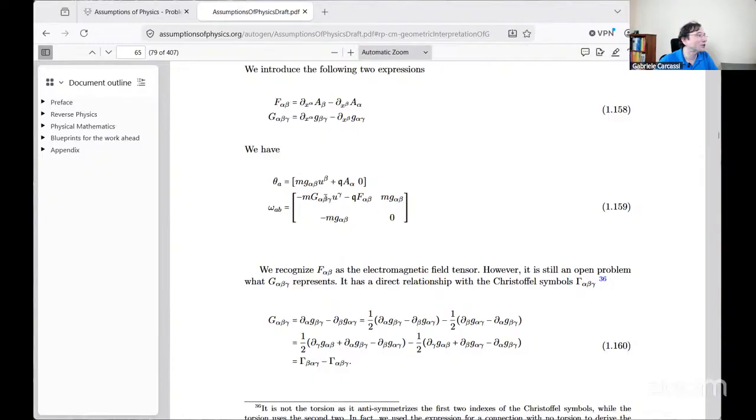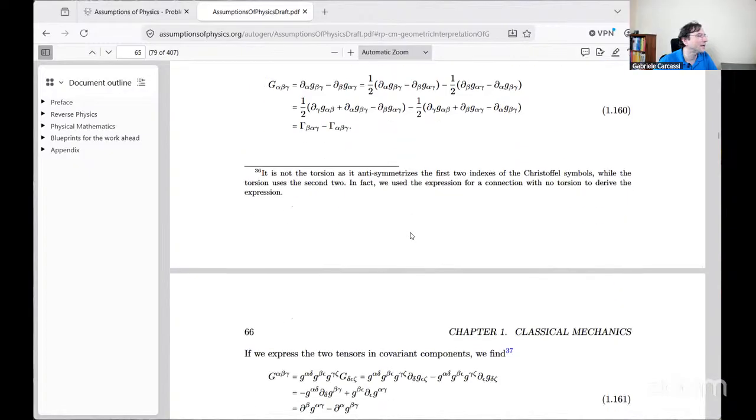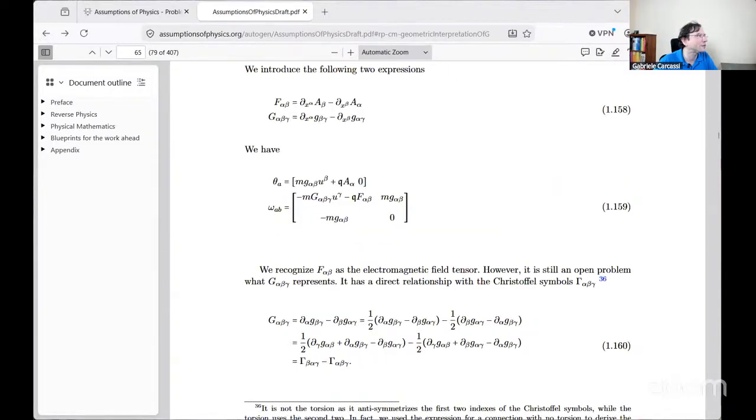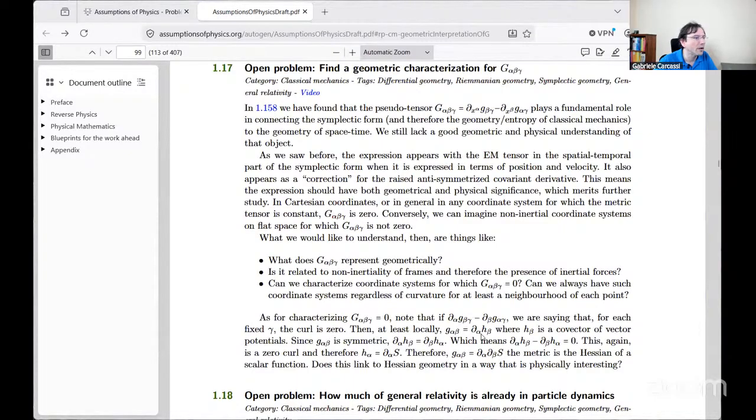Another question is, for example, what happens when these are zero? One of the things that happens if all these terms are zero, probably it's there in the open problem, is that you can write the metric tensor as the Hessian of a scalar function, and this kind of looks like what you have with a Kähler manifold in quantum mechanics, where you have a metric that is generated by some type of Hessian, even though it's complex, so it's a little bit different.